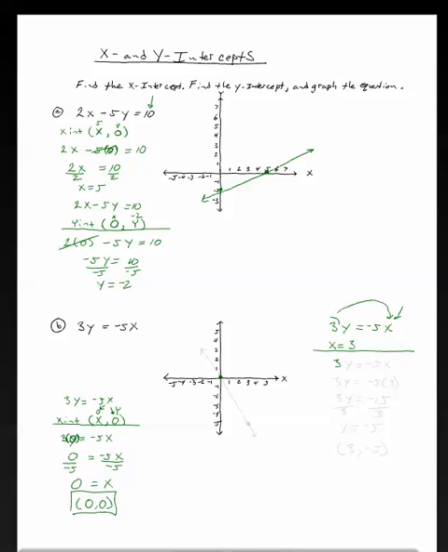So I take my equation, 3y equals negative 5x. I'm going to plug in x as 3. So 3y equals negative 5 times 3. Negative 5 times 3 is negative 15, so 3y equals negative 15. And now to solve for y, I have to divide by 3. But I've already given myself something that's divisible by 3. So y equals negative 15 divided by 3 is negative 5.